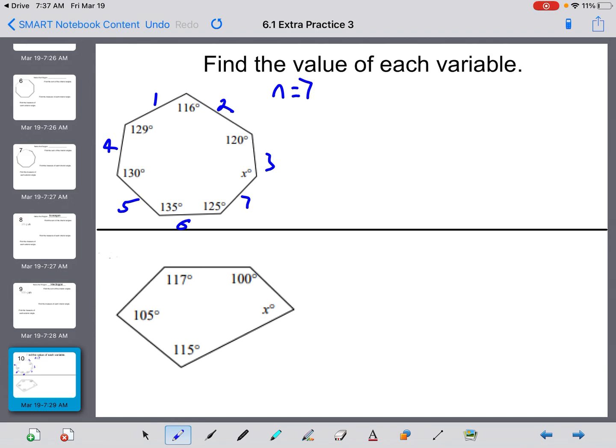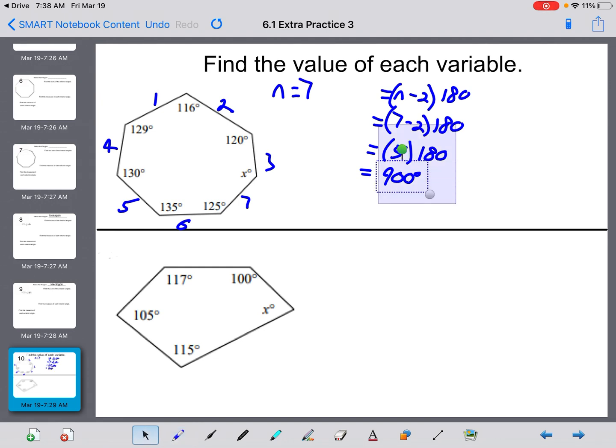Now, I need to find the sum of the interior angles, which is n minus 2 times 180, which is really 7 minus 2 times 180, and 7 minus 2 is 5 times 180. 5 times 180 in your calculator gives you 900 degrees.